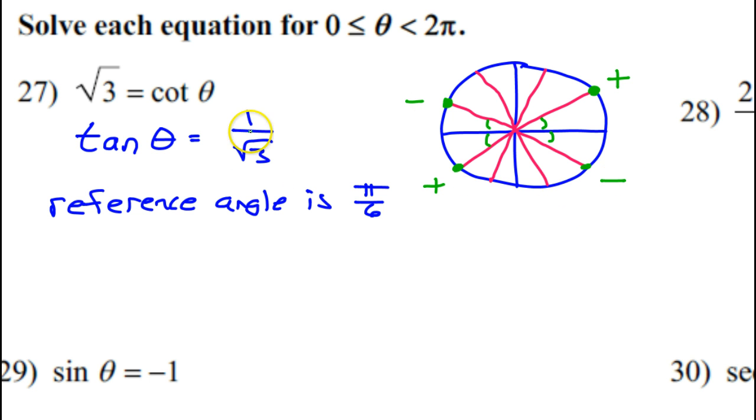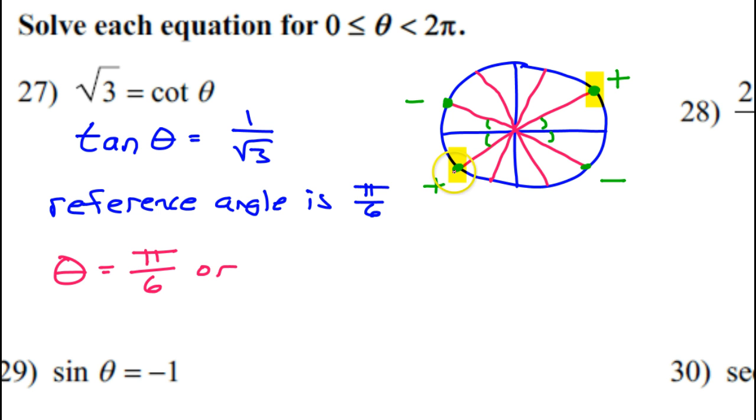Okay, so we want a positive result, positive 1 over radical 3. So that means this angle and this angle. Okay, those are the two positive ones. So those are going to be the two solutions for theta. Okay, so sure, one of those turned out to be the reference angle of pi over 6.